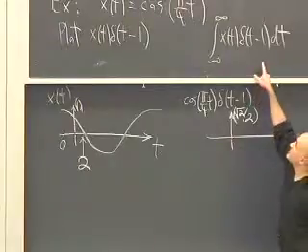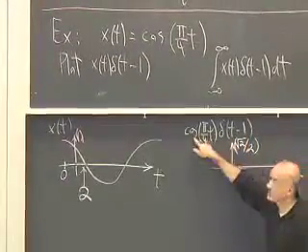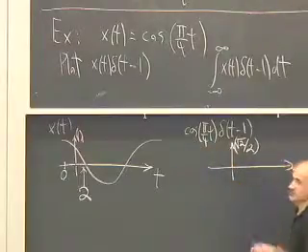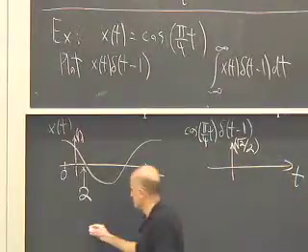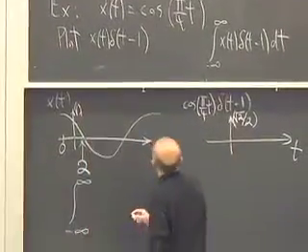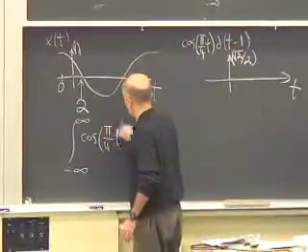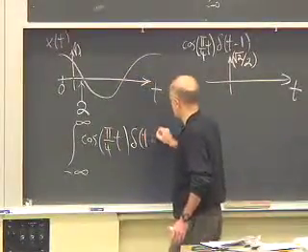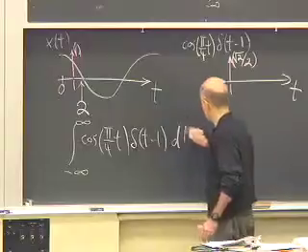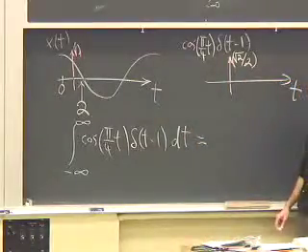Okay. Now what happens when I integrate that product from minus infinity to infinity? Cosine pi over 4 t delta t minus 1 dt. What do I get? You get the value of that?